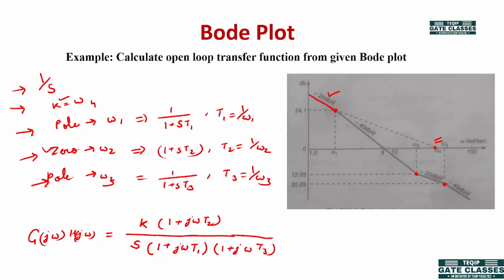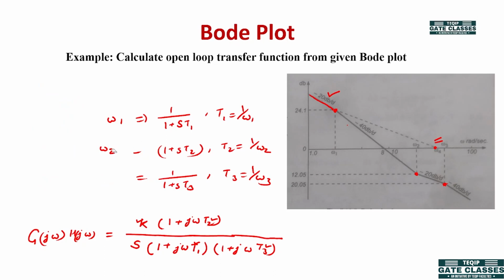Okay, so we have the transfer function in this form. So now we need to calculate K, T2, T1 and T3 using the same graph. So let's compute them. We will do simple algebra to compute these values.